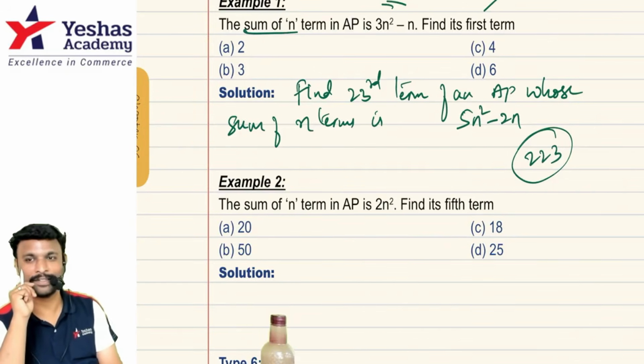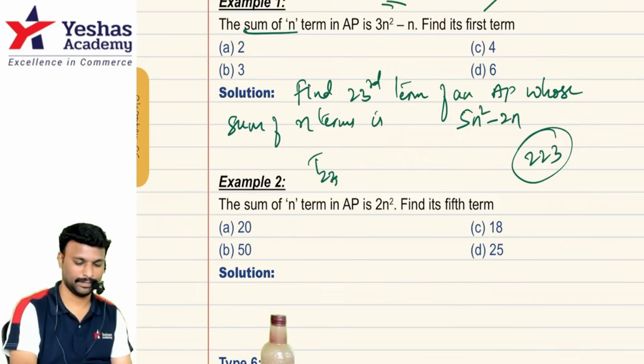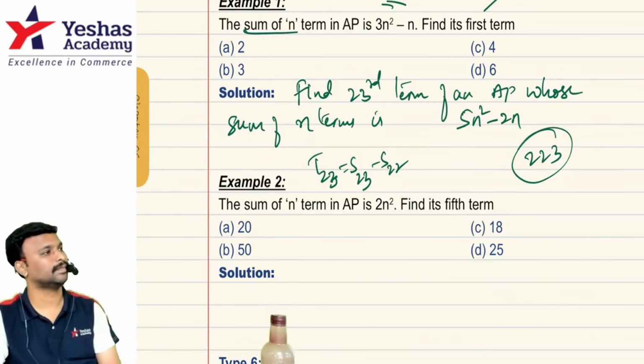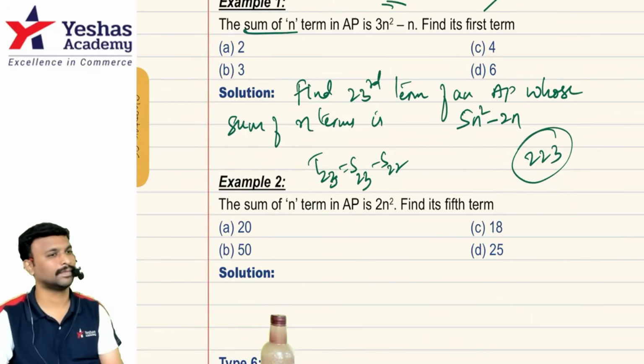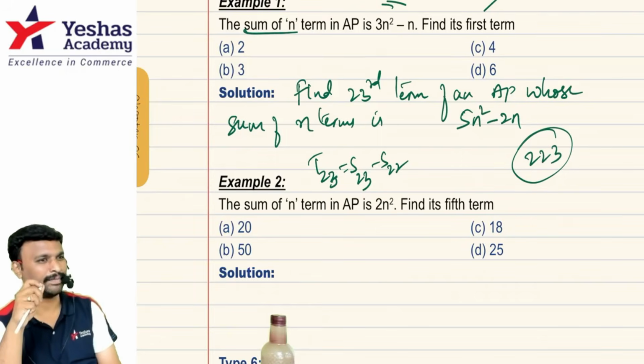Honestly, I was not expecting this to be so fast. 223. Akka, Keshav, almost same amount of time.